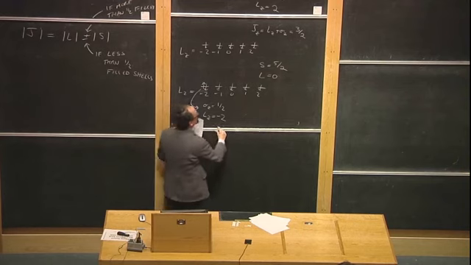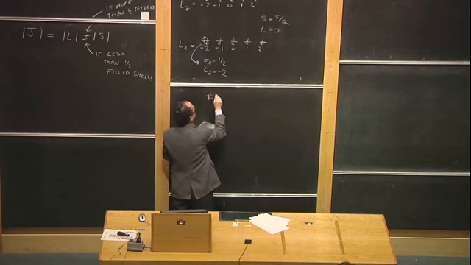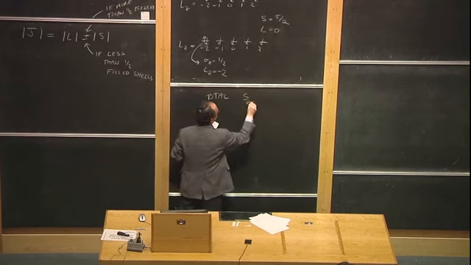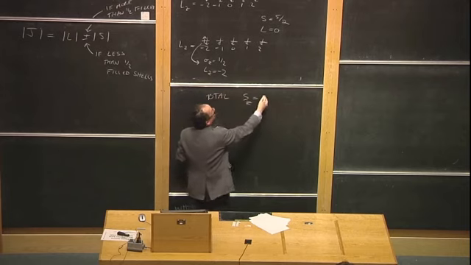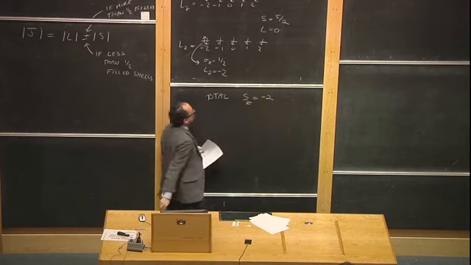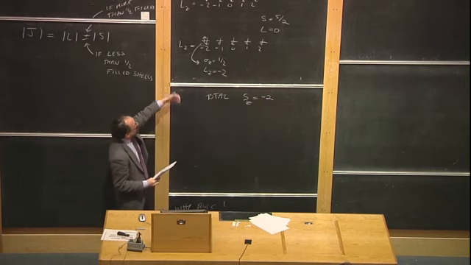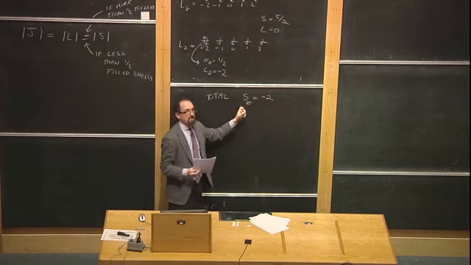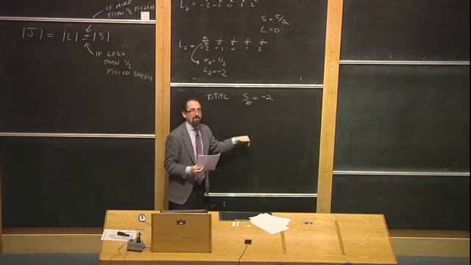But now notice what's going on here. The total SZ is actually still negative. It's negative 2, right? The last electron that I put in was pointing up, but the total spin is still pointing down.